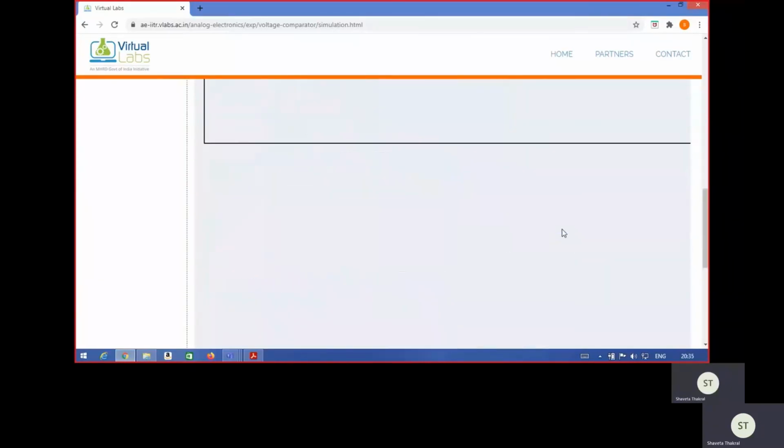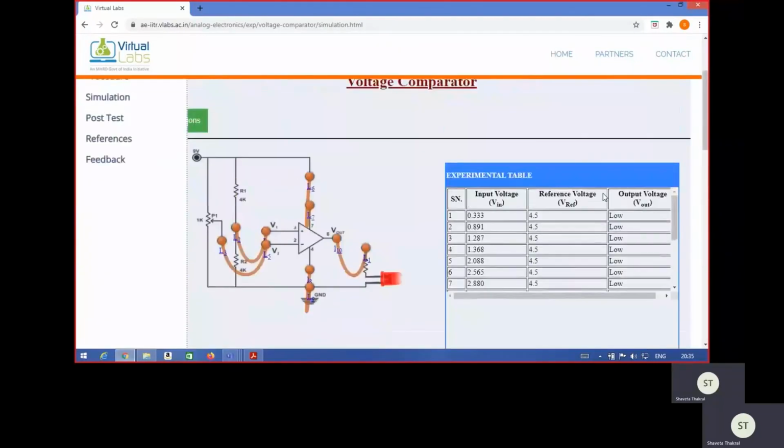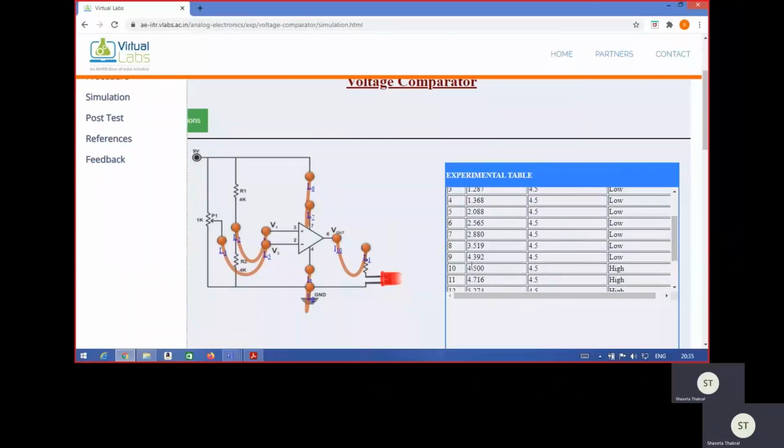And in this experimentation table, we can observe all the readings. If input voltage is less for all these readings than the reference voltage, then output will be low and the LED is not glowing. And here we can observe at 4.5 and 4.5 both are equal, so output will be high.